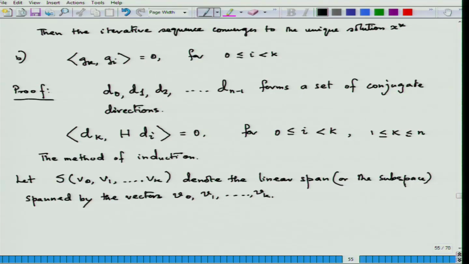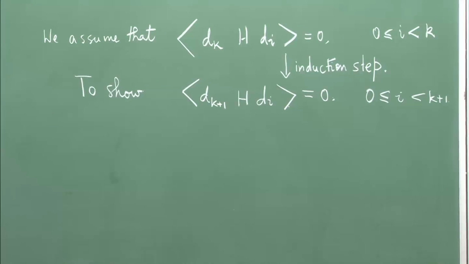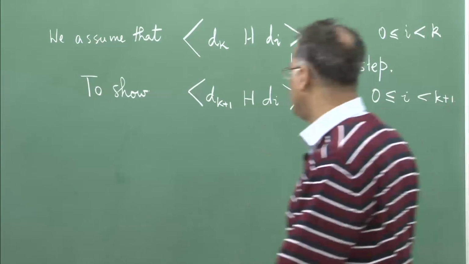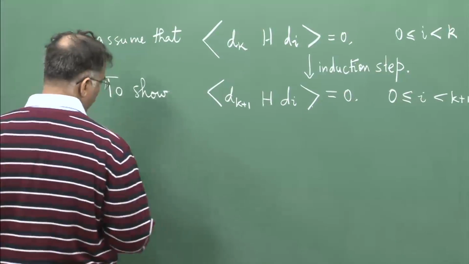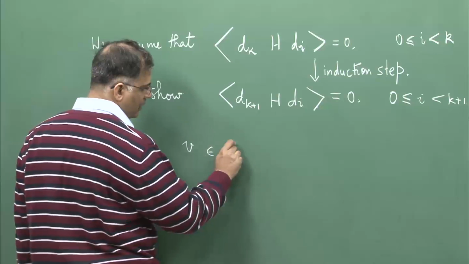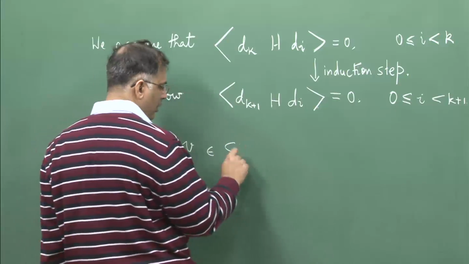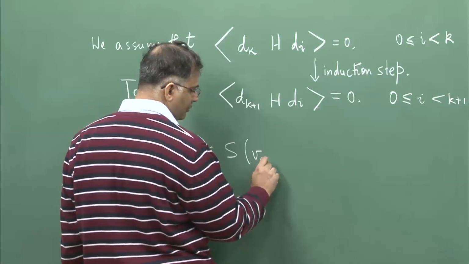So, what do I mean by the term spanned by the vectors v0, v1, ..., vk? You say that any vector v is an element of the span, sometimes written LS, linear span, or just L span of this.